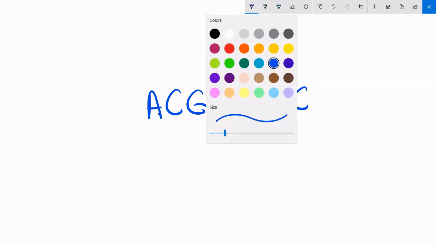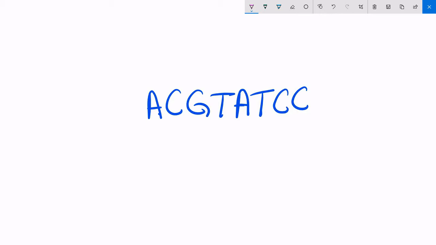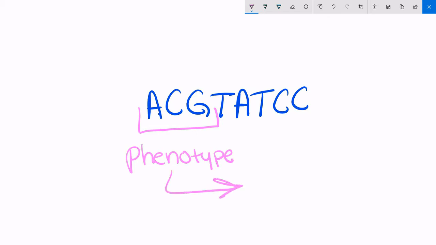I don't want to go too far into genetics today because this is just the super basics, and you're probably only here because you have a test that requires you to know what DNA is. So let's just say ACG here is a gene. This is the genotype, but it will code for a phenotype that will prove who you are.